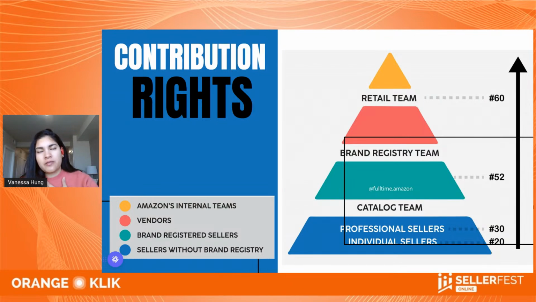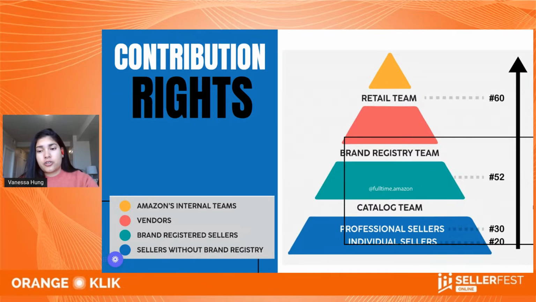So if I'm an individual seller and I list a product, and then a professional seller comes in and wants to change the title, they are totally capable of changing it because they have 10 points above the individual seller. The individual seller has 20, the professional has 30. So that's how it works.